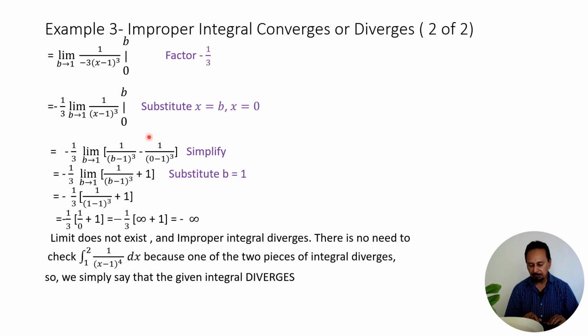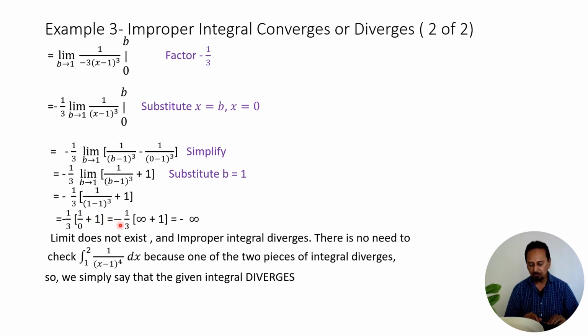We can simplify this: 0 minus 1 is negative 1, the cube of negative 1 is what? Negative 1, and you have a negative, this makes a positive 1. So now we find this limit, so we substitute b equals 1.